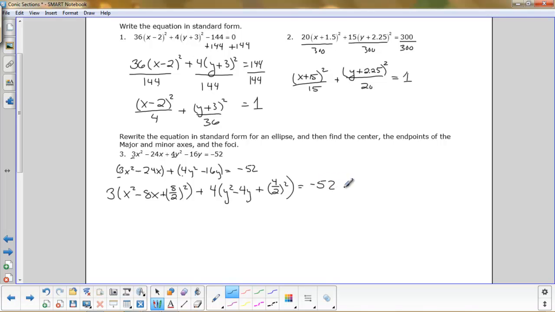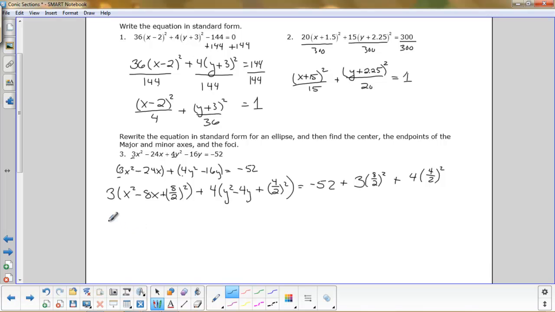Now here is where your understanding of completing the square must be correct. Remember, there's a weight of 3 on the 8 over 2. We must acknowledge that it is there. Remember, there's a weight of 4 on the 4 over 2, which we must also acknowledge is there.